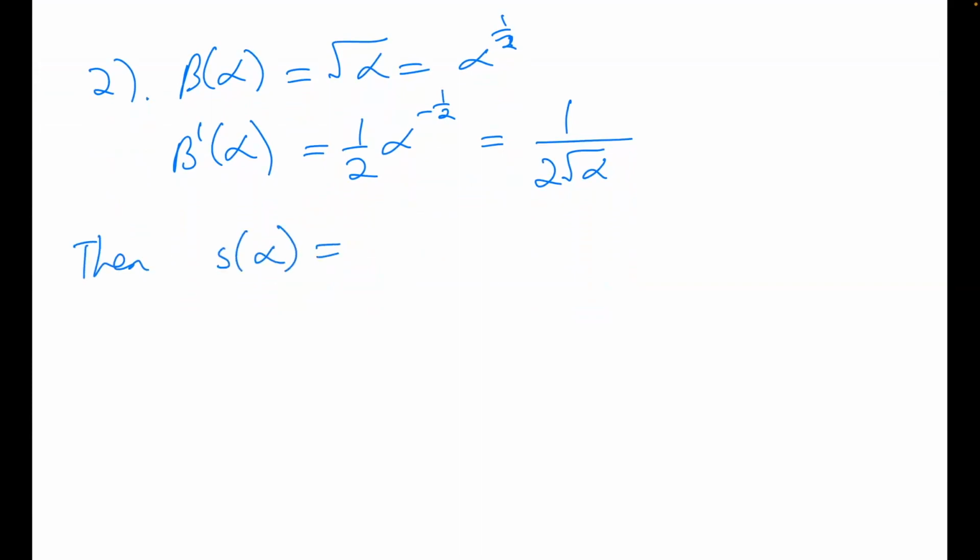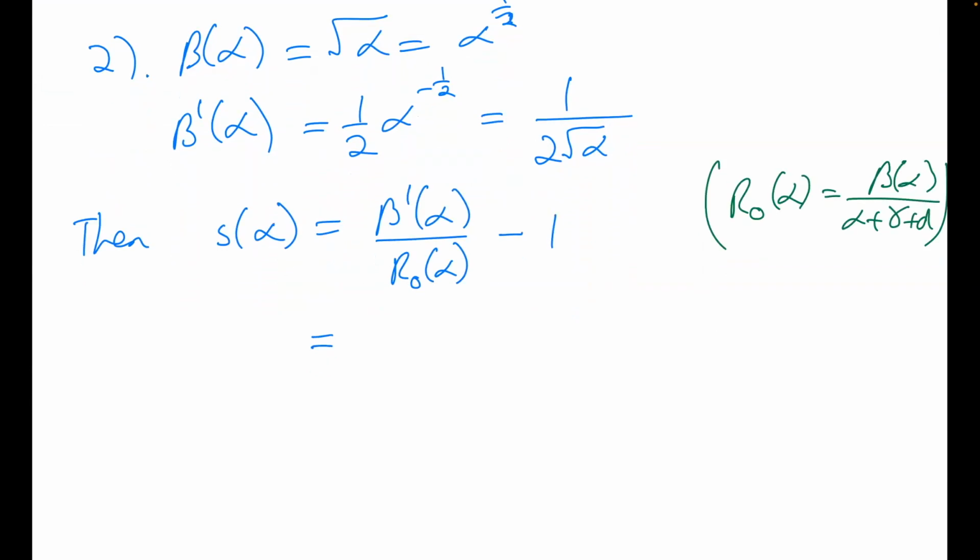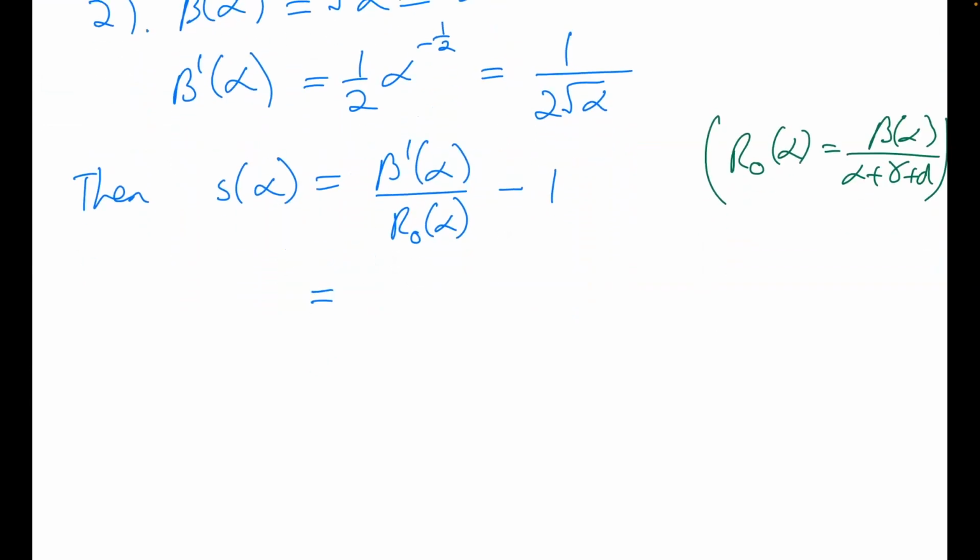So S of alpha, which we worked out on the previous slide, was beta prime of alpha over R naught of alpha minus 1. And I defined R naught of alpha to be beta of alpha over alpha plus gamma plus D. Let's substitute those things in. Beta prime of alpha is 1 over 2 root alpha.